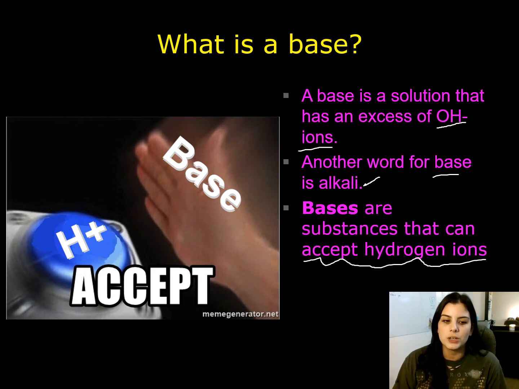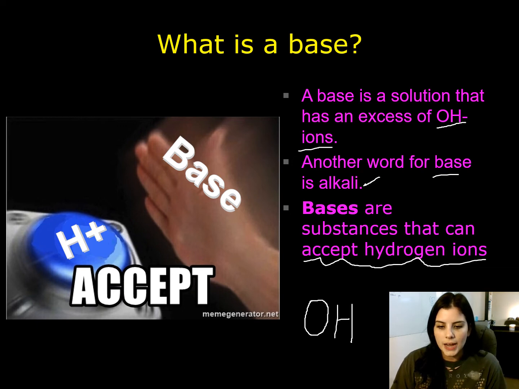They love them. They want to grab those hydrogen ions. And if you notice, OH has what charge? Negative. And what is the charge on a proton? Positive. They like each other. This makes water, H2O, when they bond together.